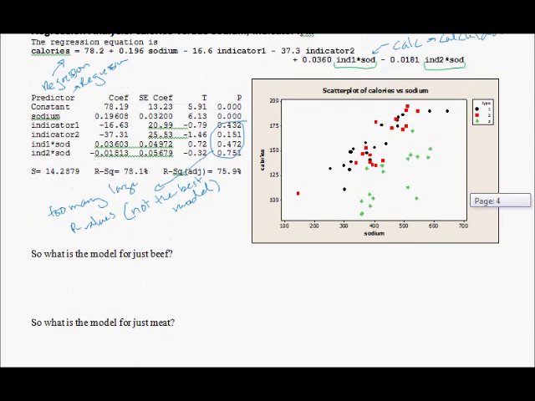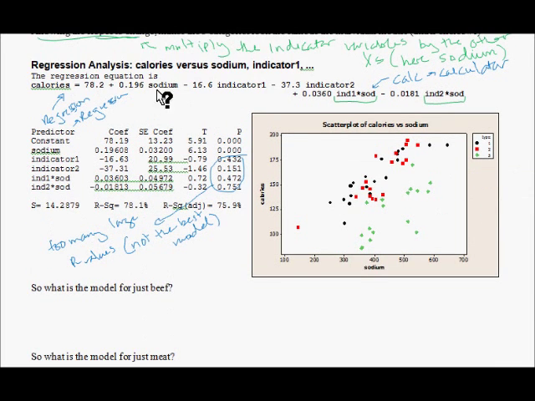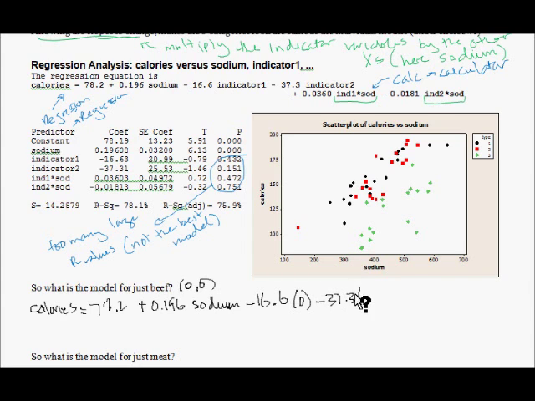It's a little tricky because I need to still have the equation up here. So for beef, we know it's 0, 0. That means the indicators are going to disappear. So our calories is going to be 78.2 plus 0.196 times sodium, minus 16.6 times 0, that's going to disappear, minus 37.3 times 0.